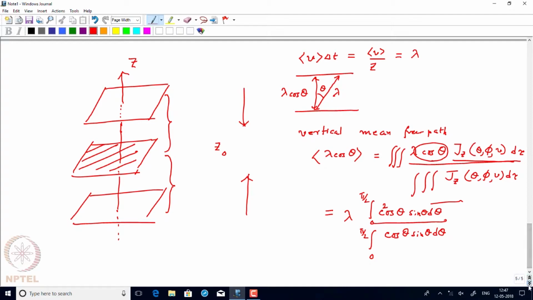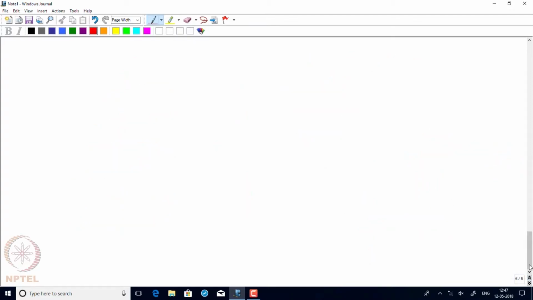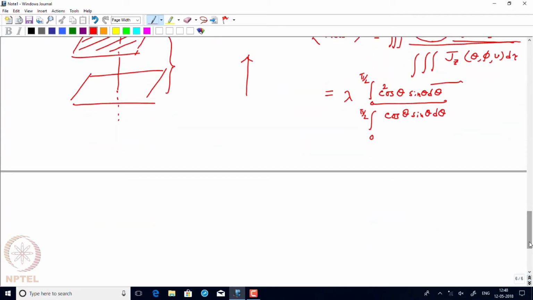Now how to evaluate this integration? It's also very easy. You can use a trick: write sine theta d theta in terms of d of cos theta with a minus sign, because d of cos theta is minus sine theta.